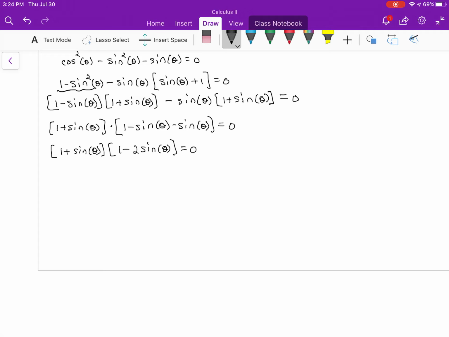And as before, we want to know when is this going to be 0, which will be when either of the terms in the product are 0.